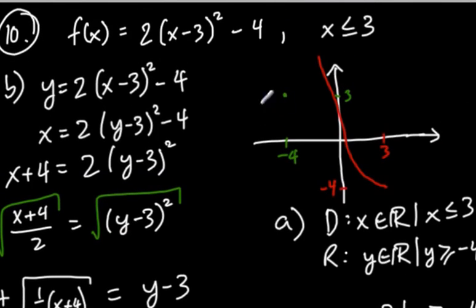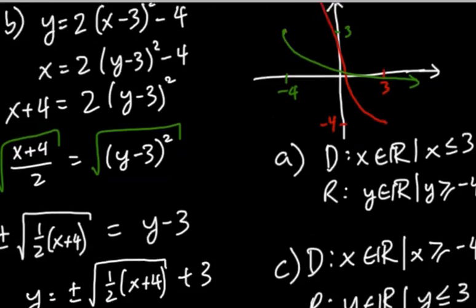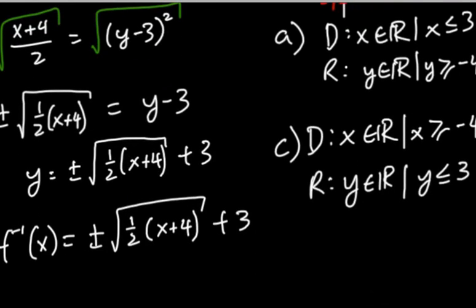So if it's less than 3, it has to go down this way. In other words, it's going to go something like this. So there's a reflection downwards. So we know right away that this has to be a minus.